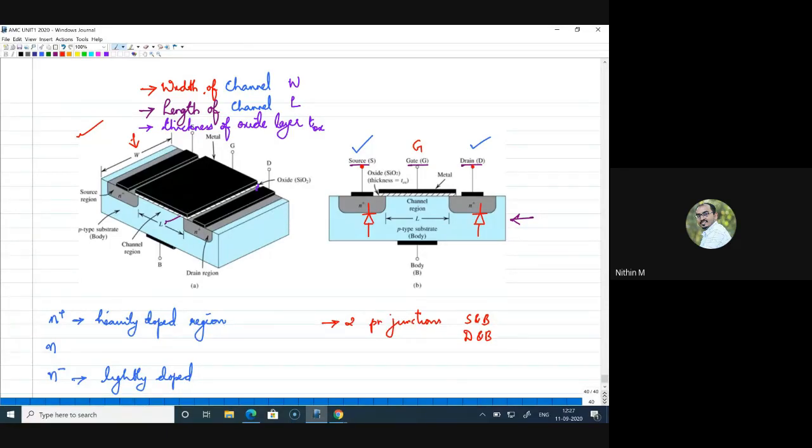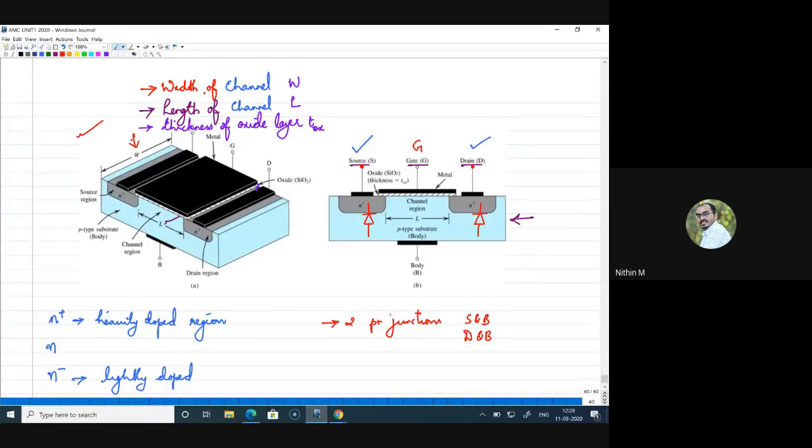But we are not interested in a current flow between these two PN junctions. If we are not expecting any current, these two PN junctions should be always in reverse bias. Now, what is the easiest way to keep these two junctions in reverse bias? So body is a P substrate, and the other two, source and drain, are N regions.